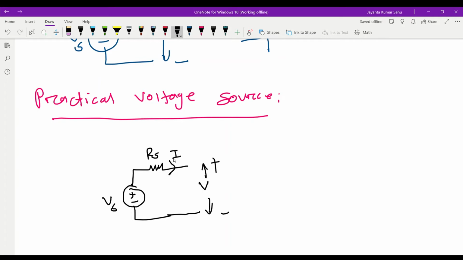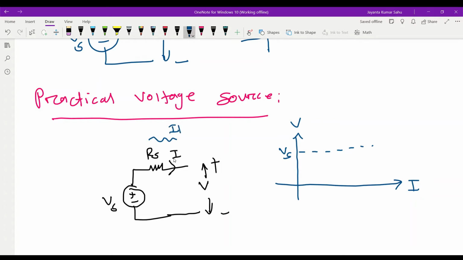If we draw the VI characteristics of the practical voltage source, let us take current along the x-axis and voltage along the y-axis. For the ideal voltage source, this is my Vs. If we have an internal resistance, there is a voltage drop I into Rs.